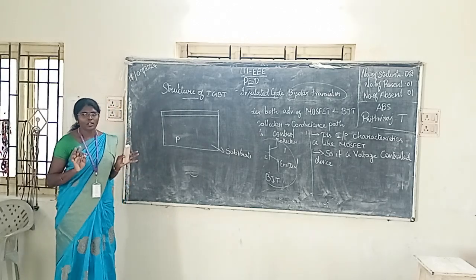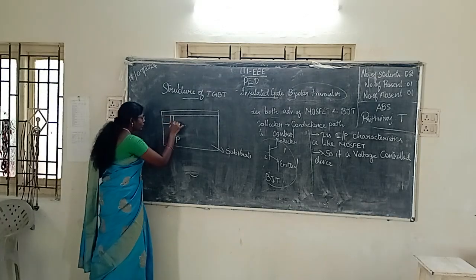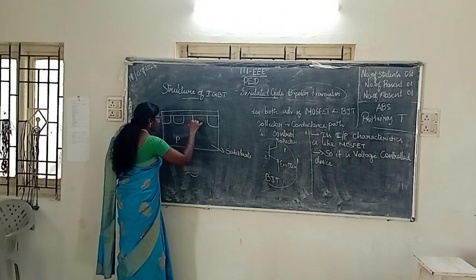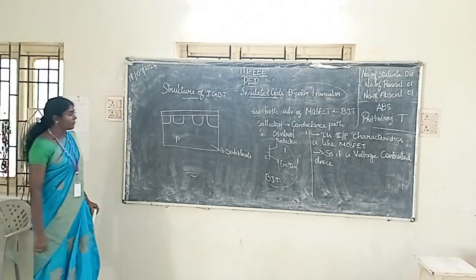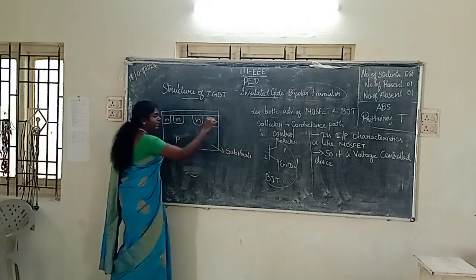Include the BJT also. So how? I am going to combine two N type, since one is for MOSFET and the other is for BJT. Okay. So all these are N type.